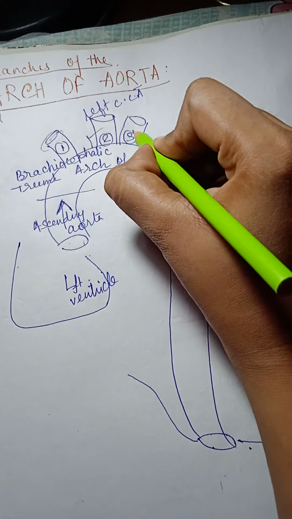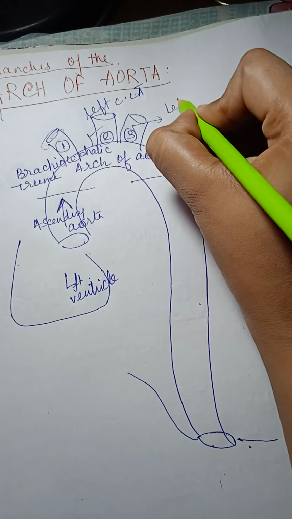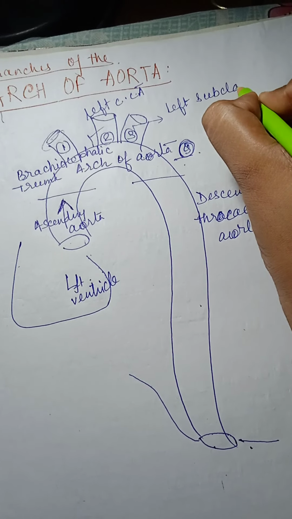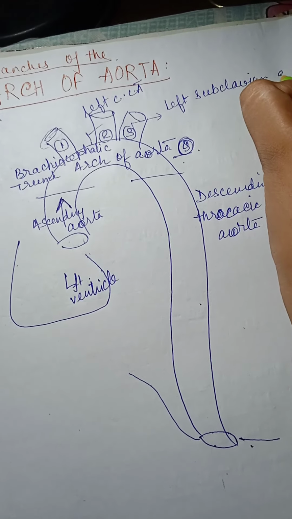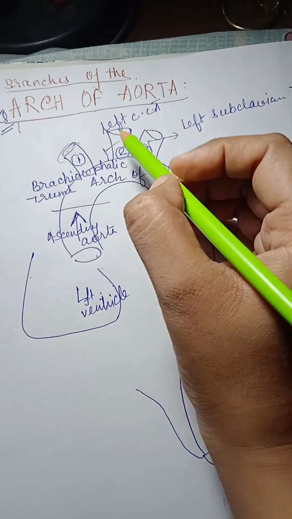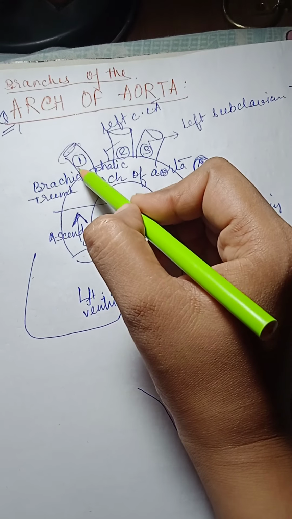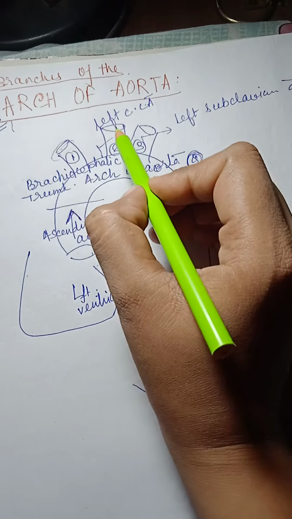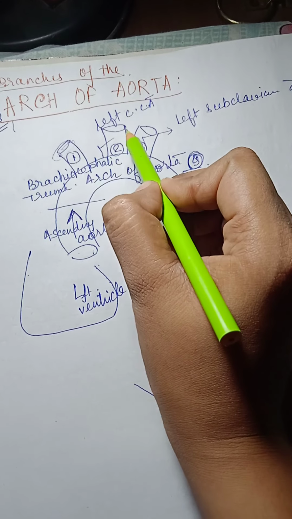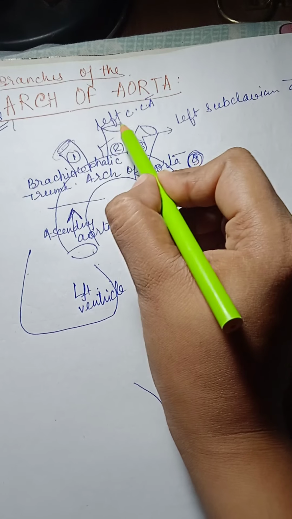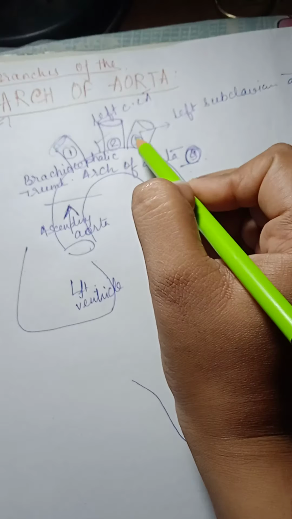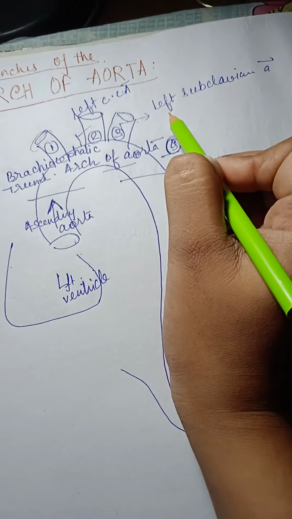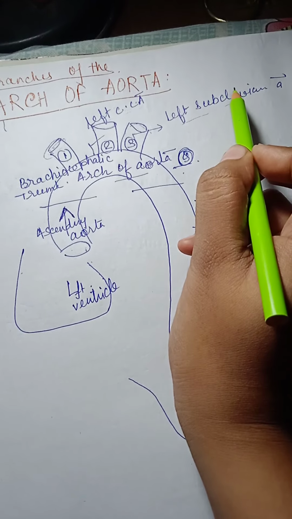And number 3 is the left subclavian artery. So the first branch arising from the arch of aorta is the brachiocephalic trunk, the second branch is the left common carotid artery, and the third branch is the left subclavian artery.